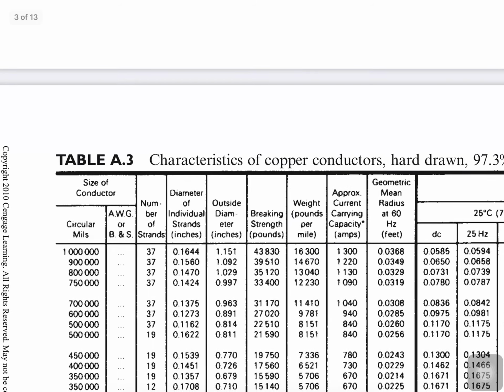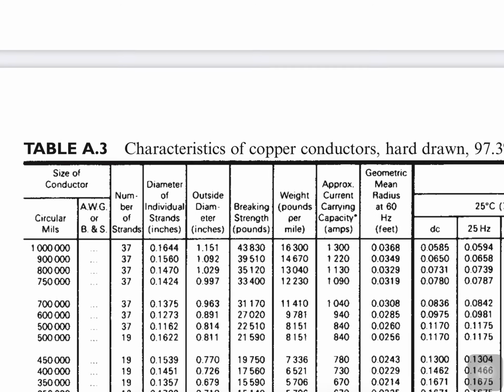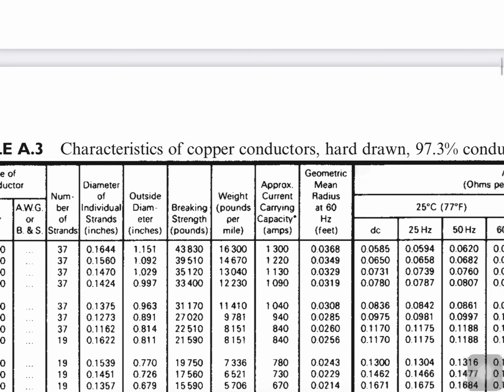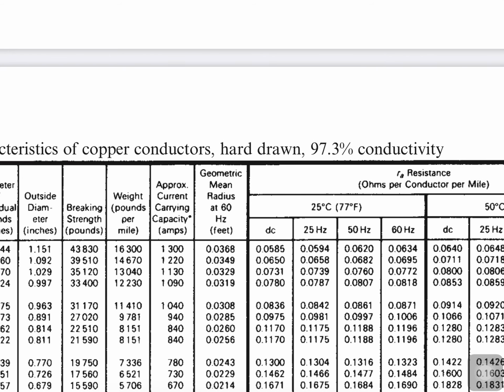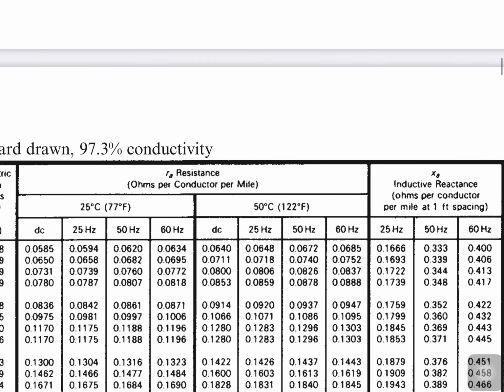As you can see, the data included in this table include size of conductor, in circular mils, the number of strands, the diameter of each strand, and the outside diameter, even the approximate current carrying capacity, the GMR, geometric mean radius, which will be used later on, and also the resistances given at 25 and 50 degrees Celsius respectively, from DC up to 60 Hertz.